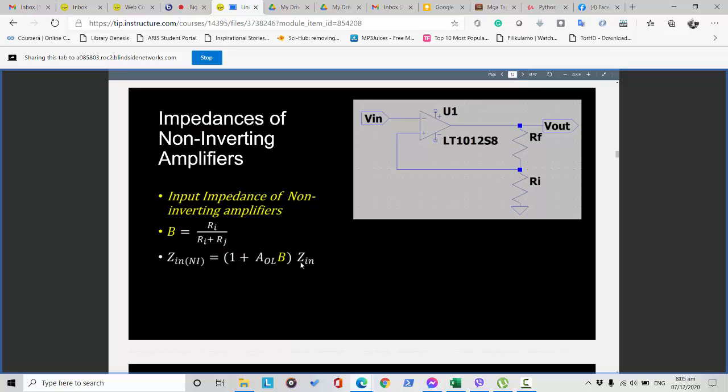Okay, so the input impedance is not the same as this. We'll have to compute the input impedance first. Usually this one is given in some problems, and what we are supposed to look for is the input impedance for the non-inverting amplifier. For the inverting amplifier there is also a formula for that. However, in this case we're looking for the input impedance of the non-inverting amplifier, and this is the formula for that. So remember also the circuit for the non-inverting amplifier.